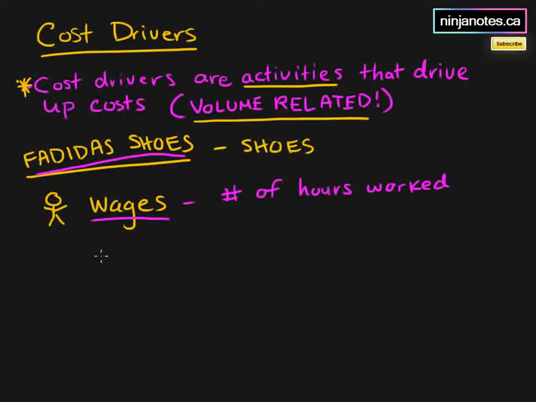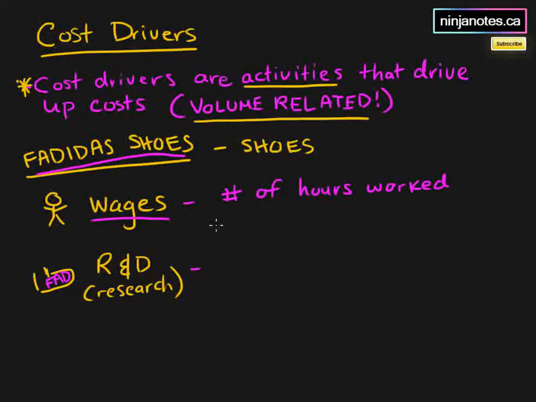Okay, let's try another one. So maybe other than wages, we'll have things like R&D costs, which are research costs, research and development. And they create these shoes. I'm going to try and draw a shoe. Maybe it has the term fat on them.